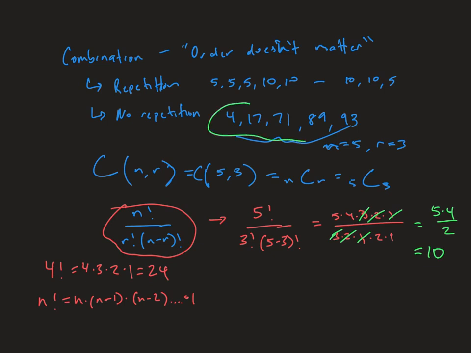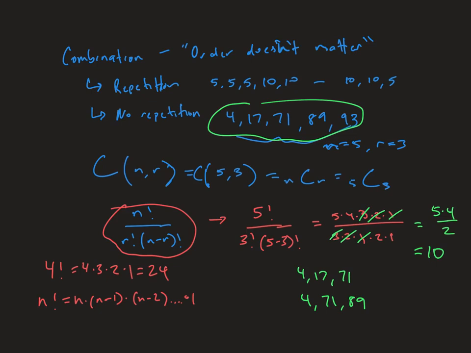So looking back at our set of 5, an example of that might be 4, 17, 71. Another group might be 4, 71, 89. So there's 10 of those. You count them out, but this formula is super helpful, and it's super important that you remember it because it's probably the most important formula from combinatorics that you'll use throughout math.